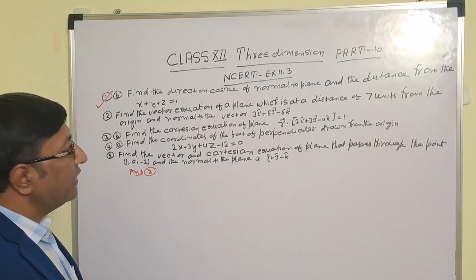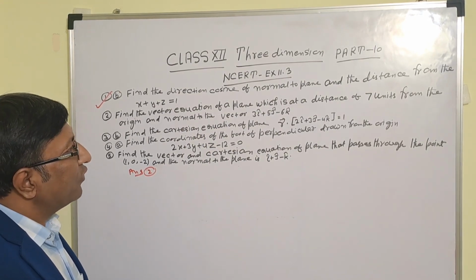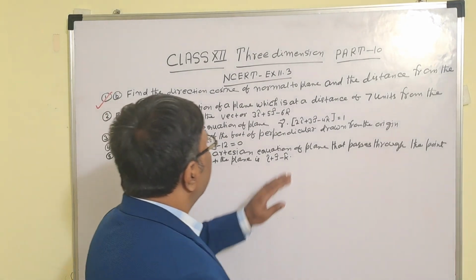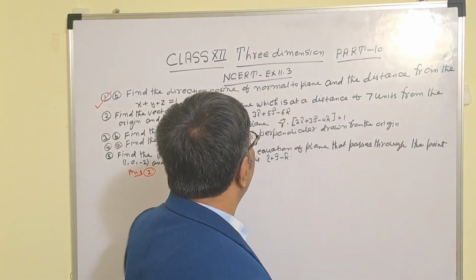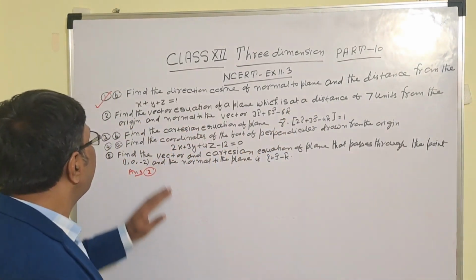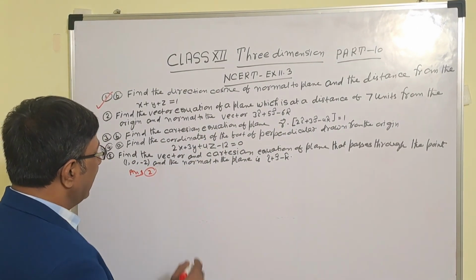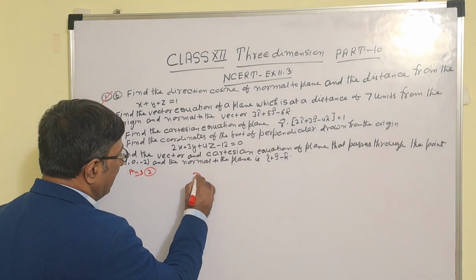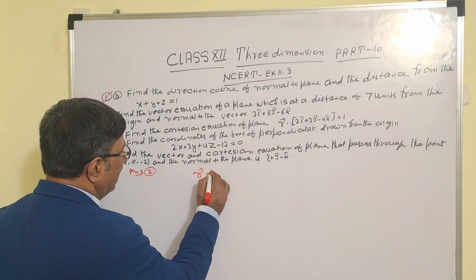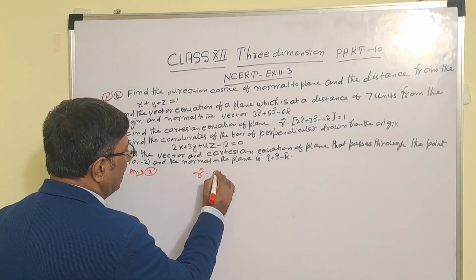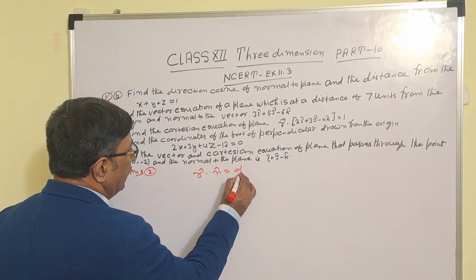See, so we have to find vector equation of plane. So here distance is given, at a distance of 7 units from origin, and here given normal to the vector. So what is the formula? That is r dot unit vector n equal to d.